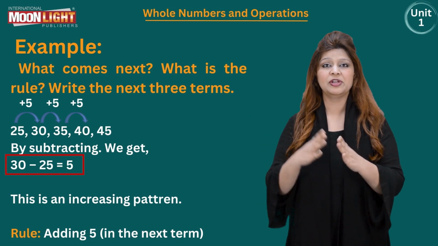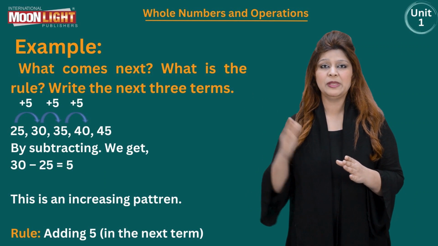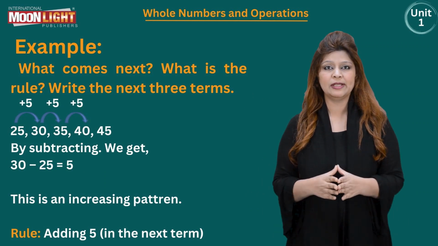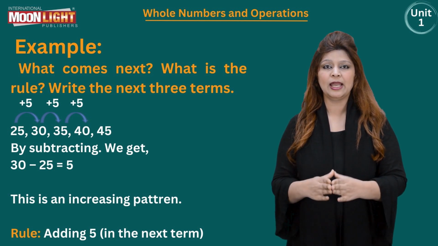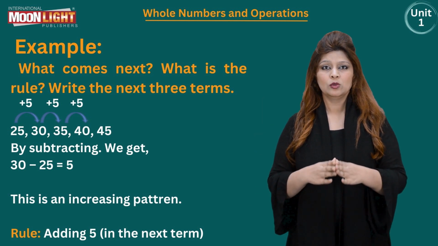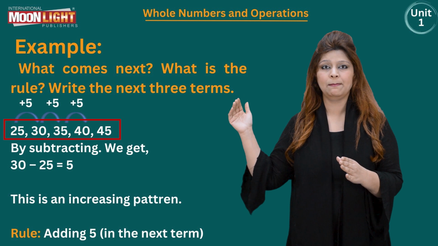So the difference between the terms is 5. This means we are going to check whether this is increasing order or decreasing order. You can see that the first number is smaller than the next number, so this is increasing step by step, or term by term.